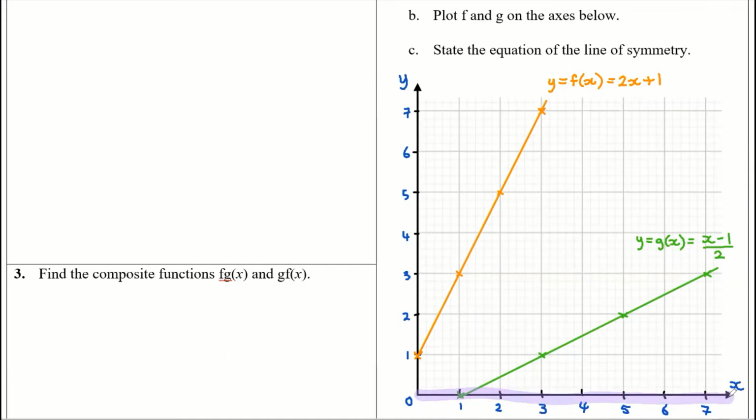So we can state that on there and just verify that: this is valid for x greater than or equal to 0. And if you look at the function g here, this is only defined for x values greater than or equal to 1, as specified also in question 1. So that's something to bear in mind.